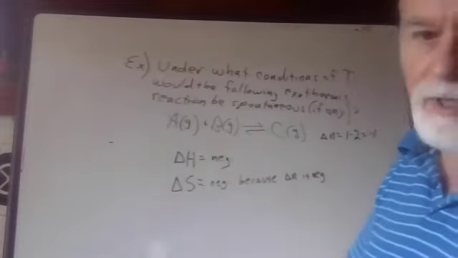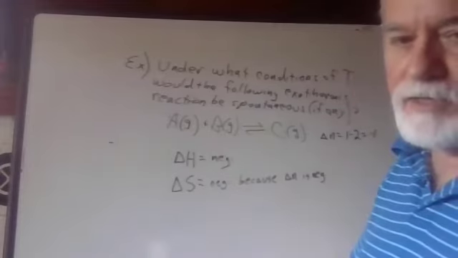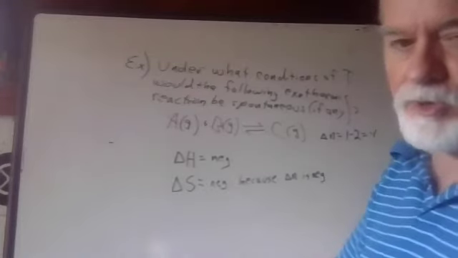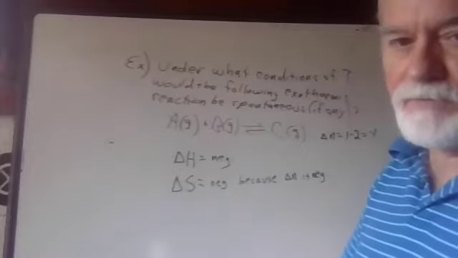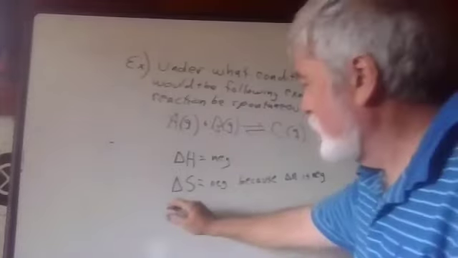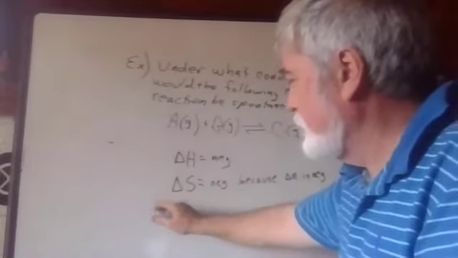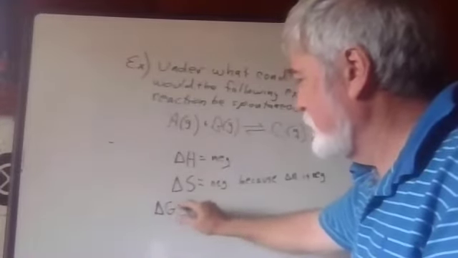So that's always going to be the case. If delta N is negative, delta S is negative. If delta N is positive, that means you're creating more gases and the system's becoming more disordered, which would be positive.